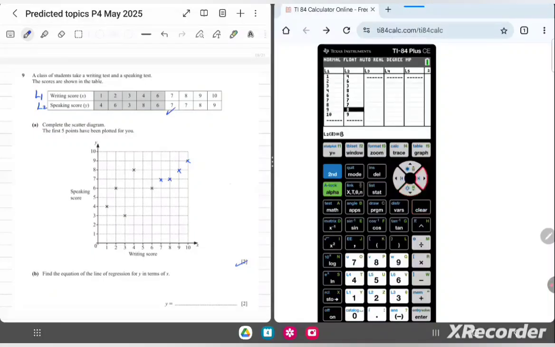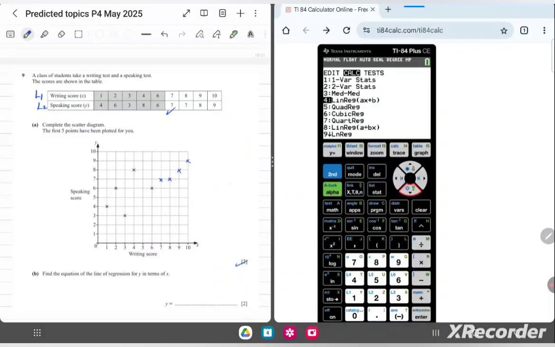After list 1 and list 2, you go to stat again and go to calc to calculate the line of regression. You'll find line of regression, and press 4 or enter. Enter again, L1, enter again, then calculate, enter. So this is the answer.